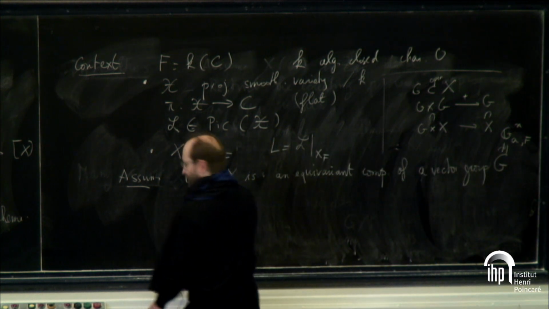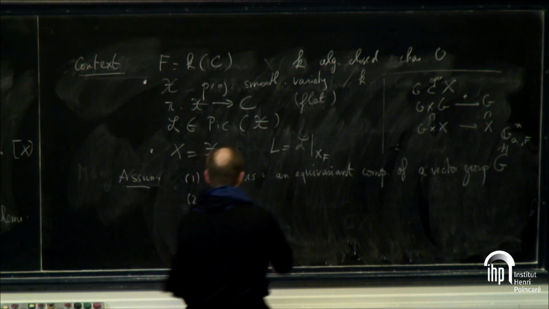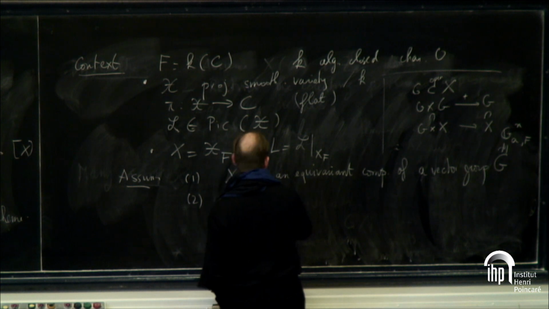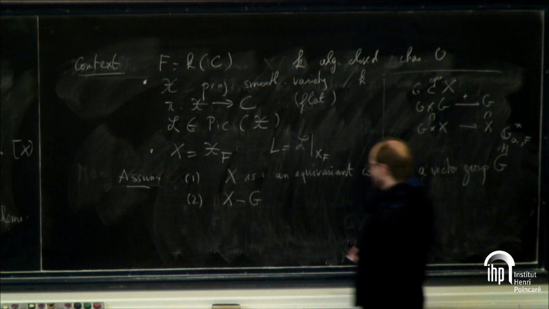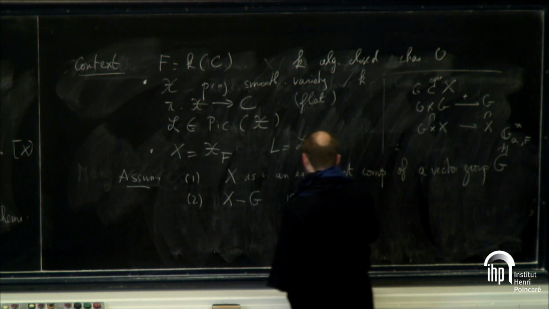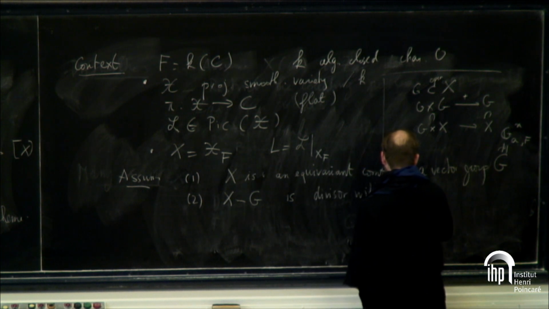So the second hypothesis is that if you look at the complement of this open subset G in X, it has to be a divisor with strict normal crossings.